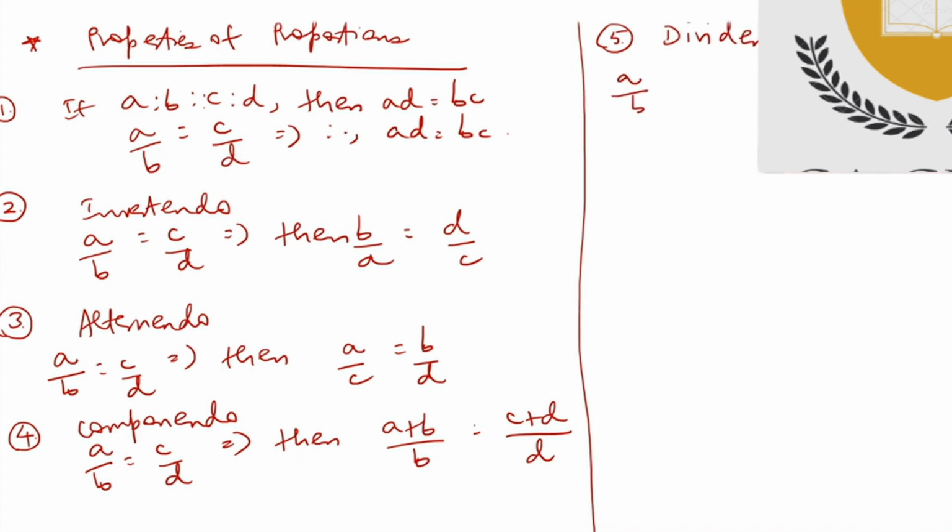If A by B is equal to C by D, then A minus B by B is equal to C minus D by D.